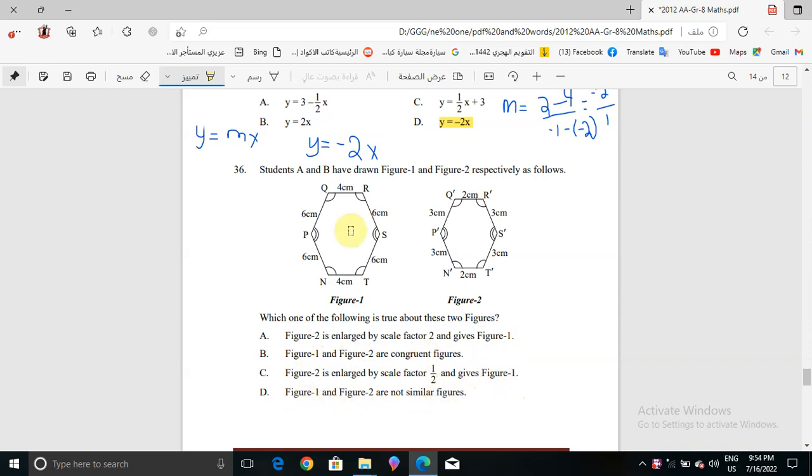So the correct answer here, because of the figures, is figure 2 enlarged by scale factor 2 gives figure 1. Right? So the correct answer for question number 36 is choice A.